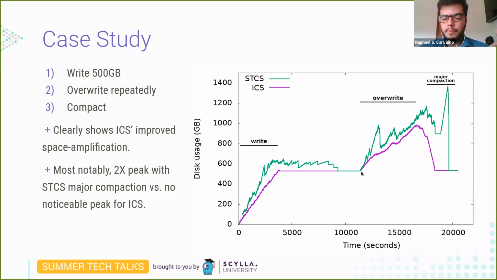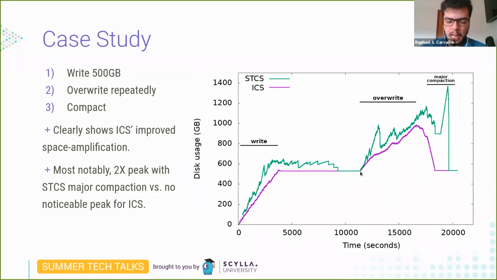So the next step is overwrite, where we keep writing the same data over and over again. And you can see that overwrite requires more from the database. And in STCS, you can see those huge spikes because it has, like it was explained, to wait for compaction to complete.